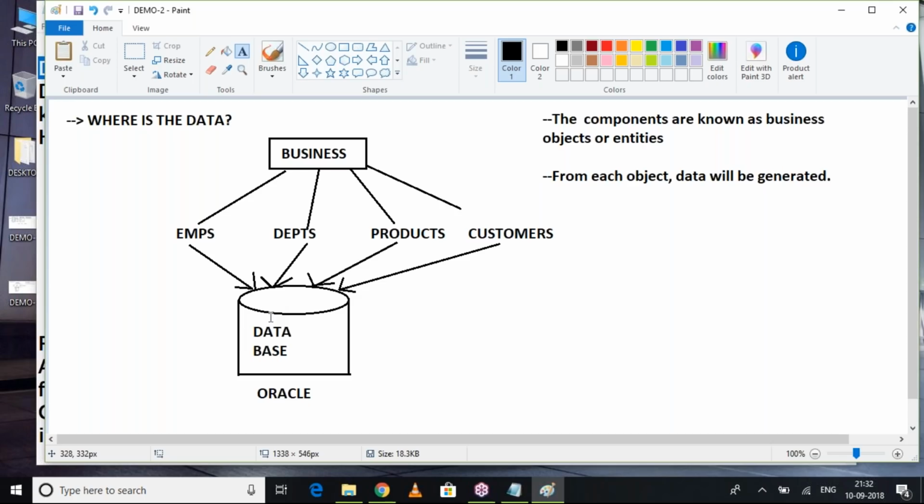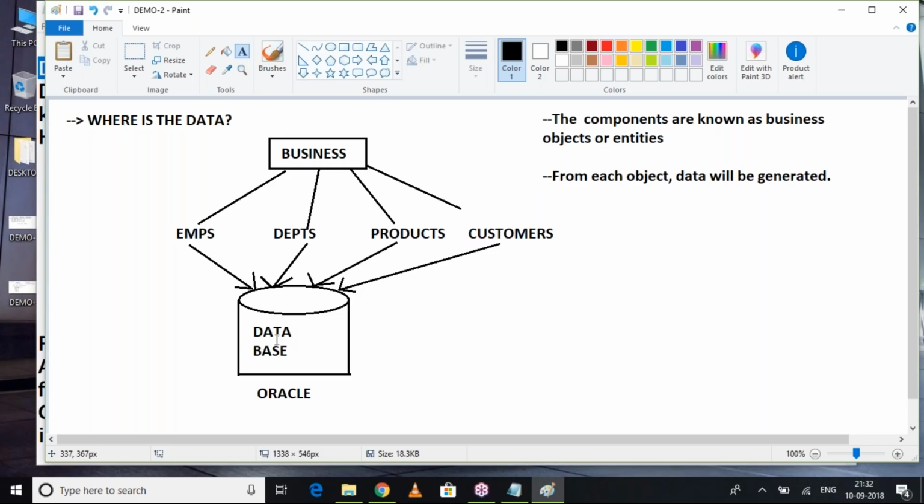As a business person, I want to manage my business with more employees. Then I will go for recruiting new employees. If any new employee is recruited into my company, that new employee information is entered into the database.